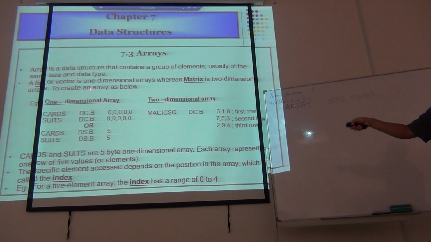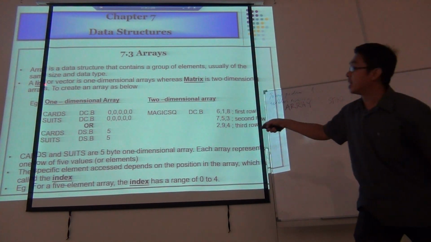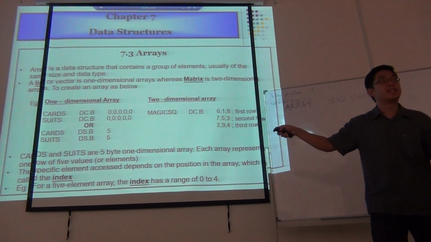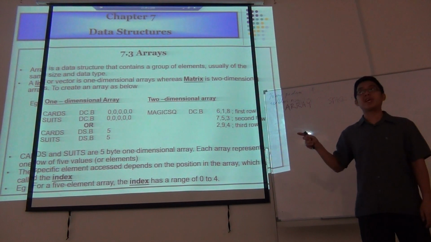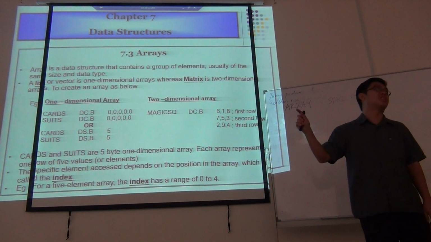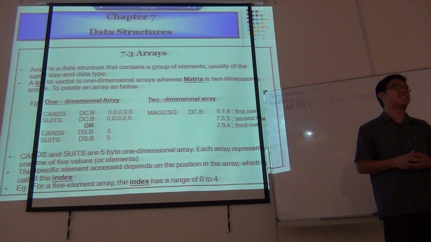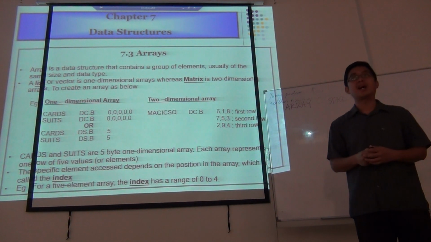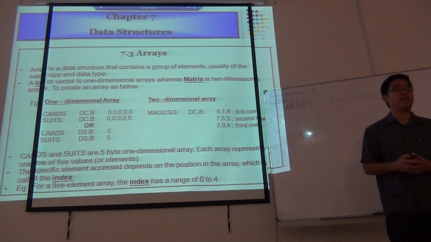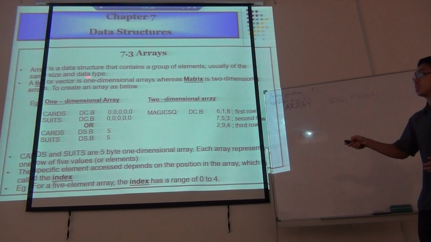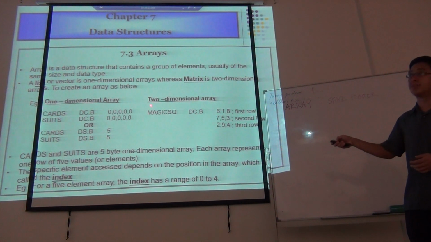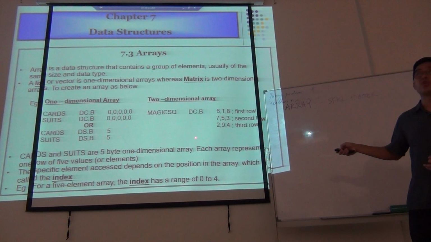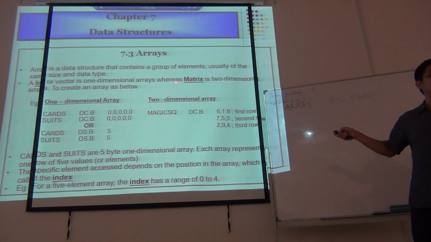It is also called a list. List ialah satu-dimensional array. The next one is the two-dimensional array, which is also known as a matrix.